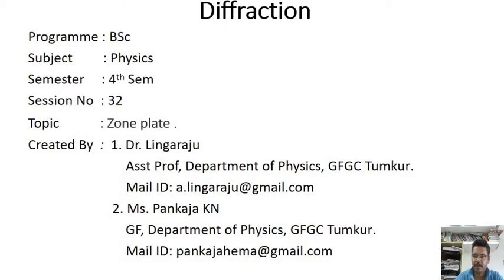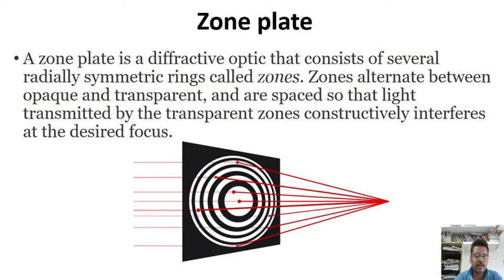Zone plate. The zone plate is a diffractive optic that consists of several radially symmetric rings called zones. You can observe this in the diagram, the holes in the zone plate.